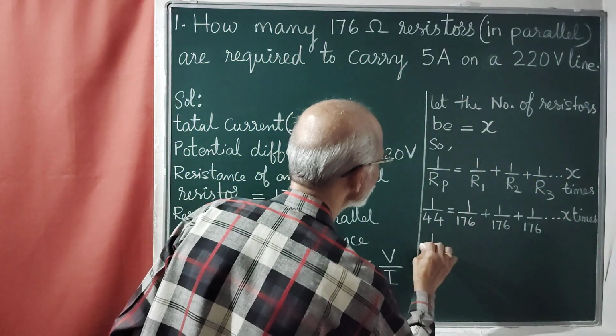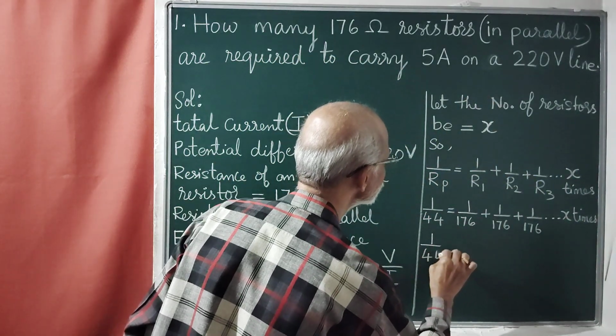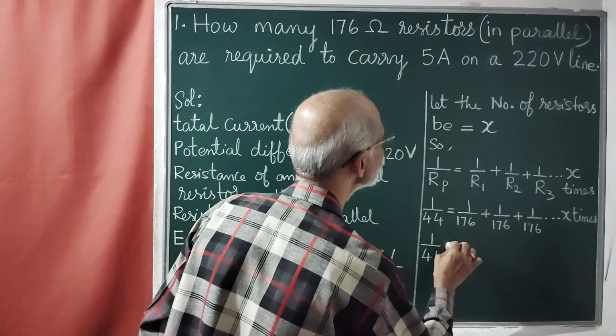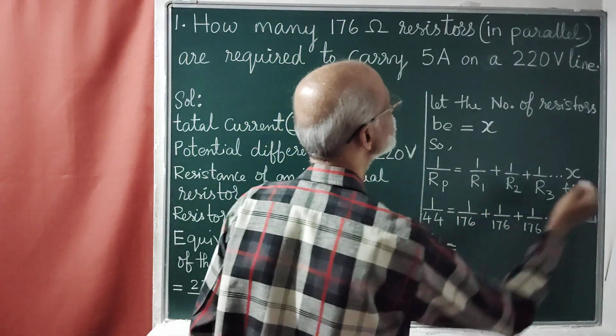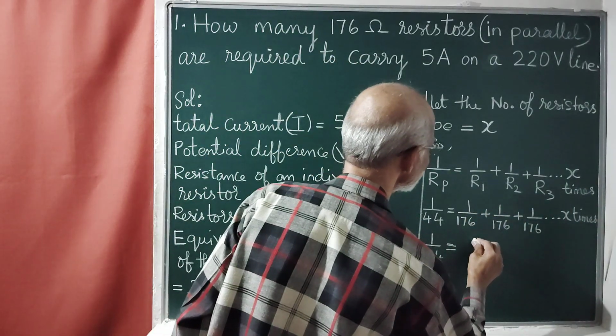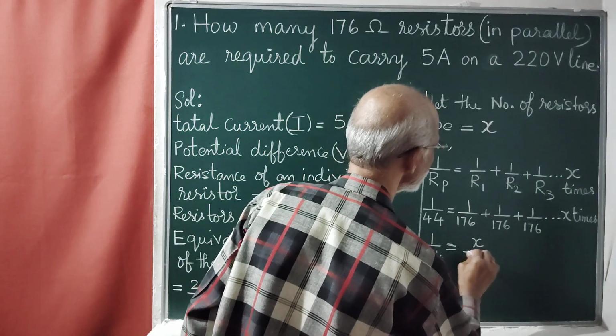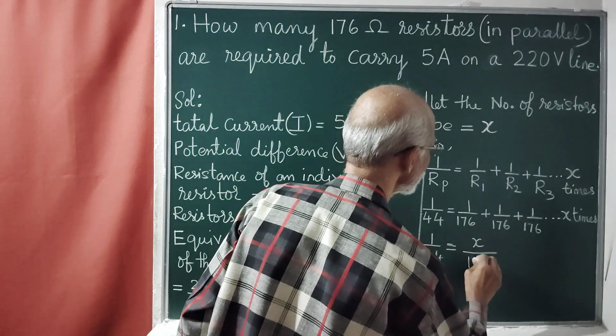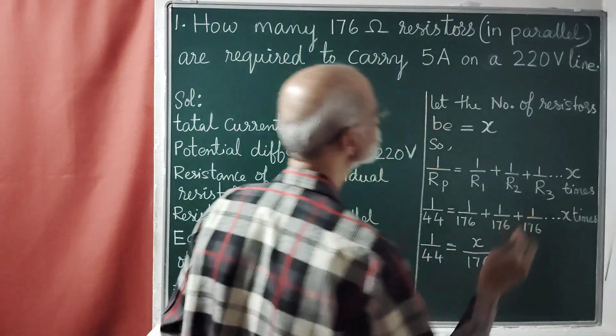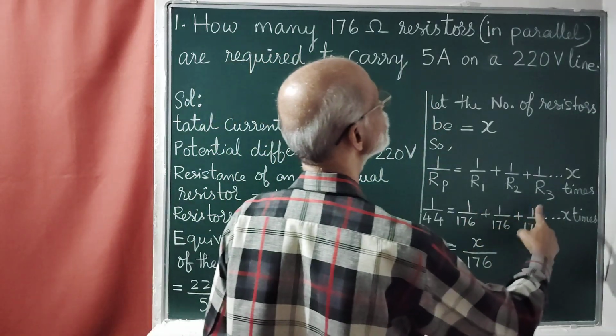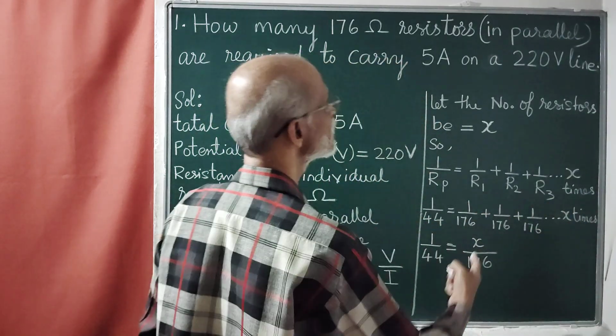So 1 by 44 will be equal to, you have to add 1 x times, so we will get x over 176, because they are like fractions.